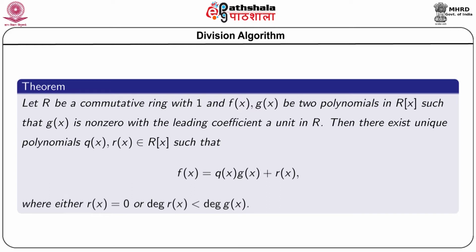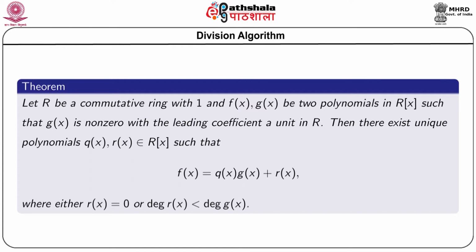Suppose g(x) is 2x + 1 and f(x) is 3x² plus something. If we want to divide f(x) by g(x), then our problem is to find some integer n so that 2n = 3, but it is never possible over Z.